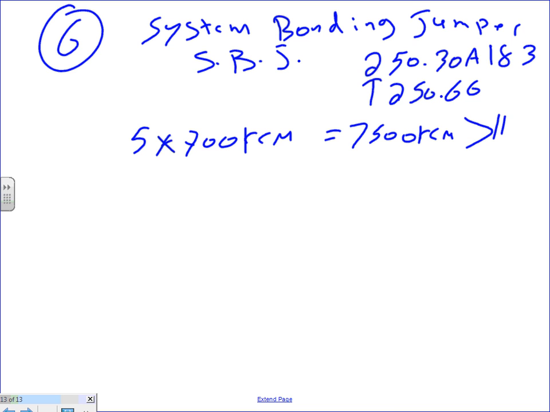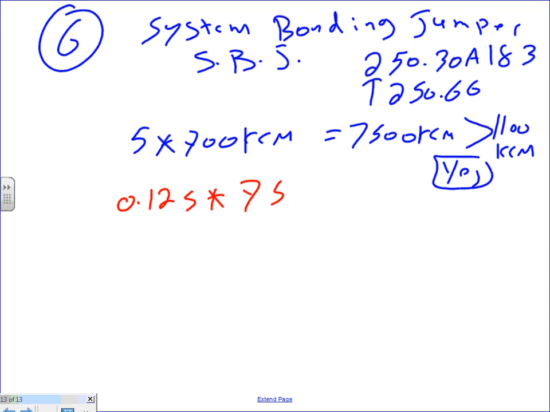Is this more than 1,100 kcmil? Your answer here is yes. It's more. Then you take 12.5% multiplied by the total. I have an extra 0 here. I didn't write the 7.